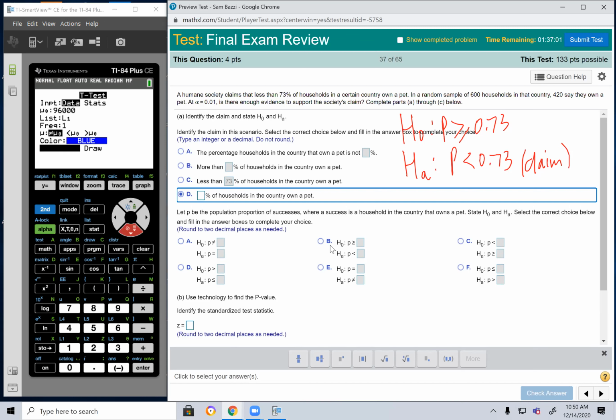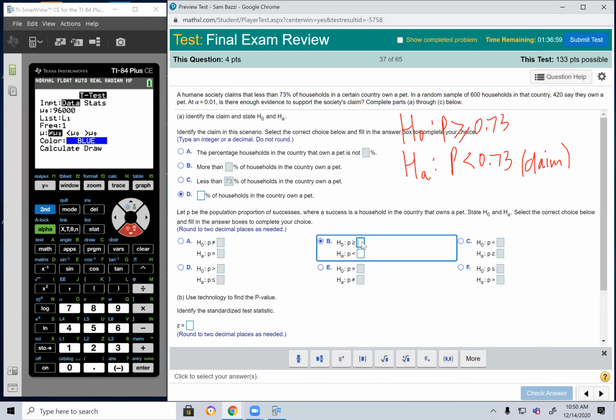So right here, 0.73 and 0.73. If they put a percent, then put 73%, but here they didn't, so just put the decimals.